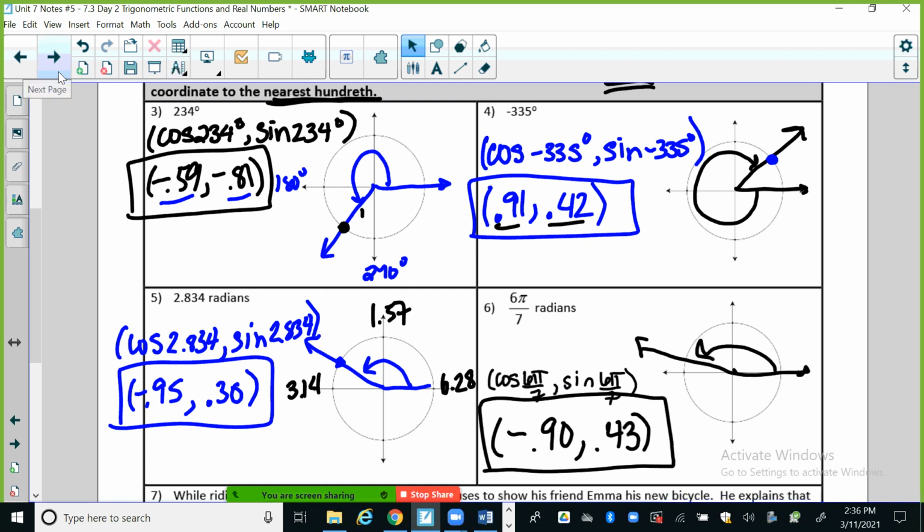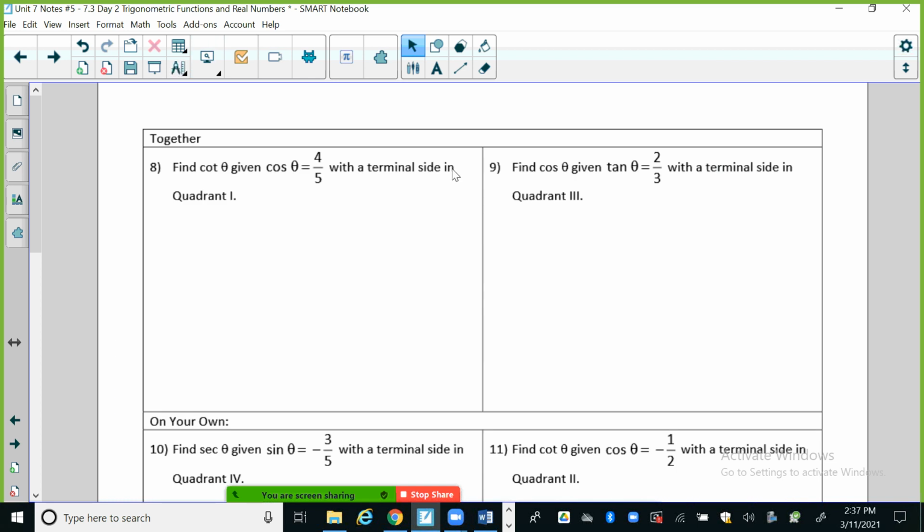So we're actually going to skip 7 due to time, and we'll come back to it at the end of class if we have time. I want us to take a look at another type of problem.